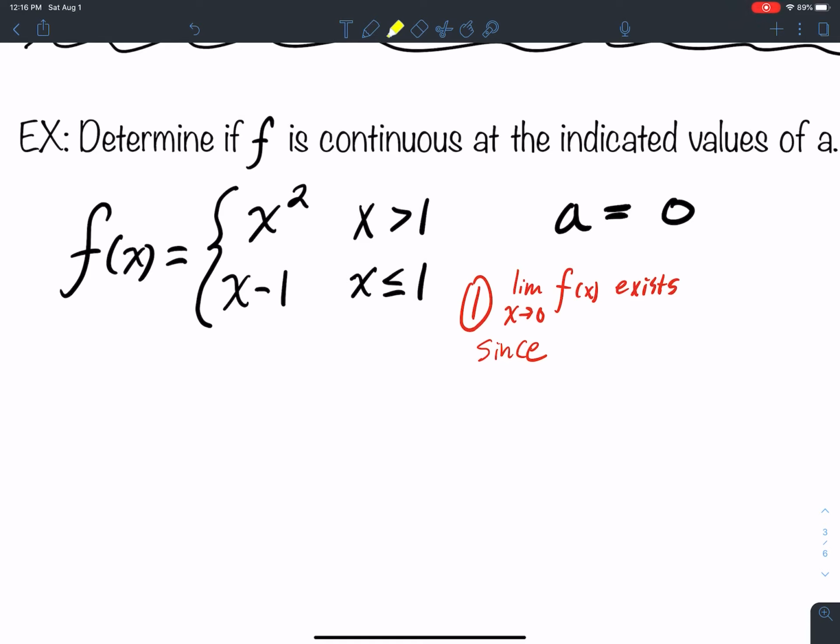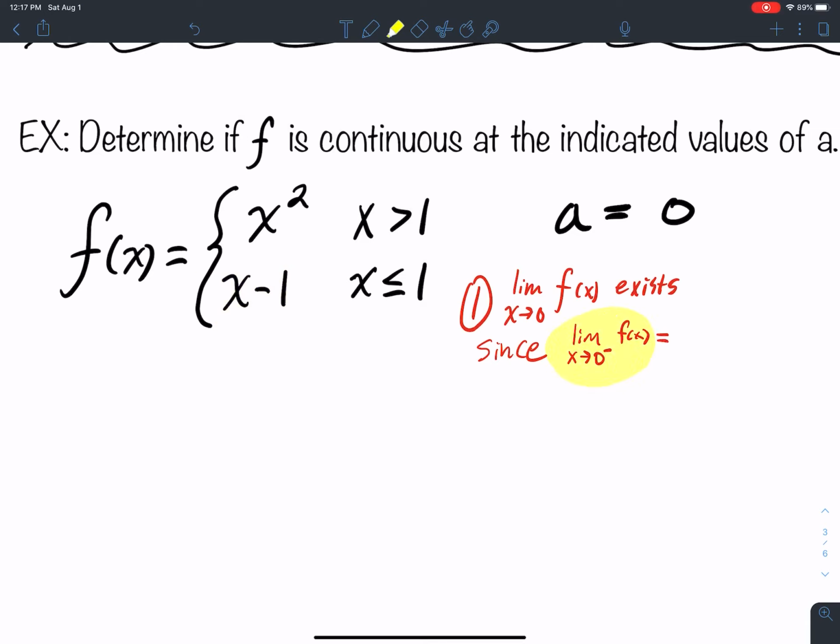Well, at a equal to 0, what part of the piecewise function am I on? 0 is less than 1, so we're not on that part. That means we have to be using this function right here. Anything less than or equal to 1 falls into that category, and a equal to 0 is clearly that part. So this is the function that I'm dealing with.